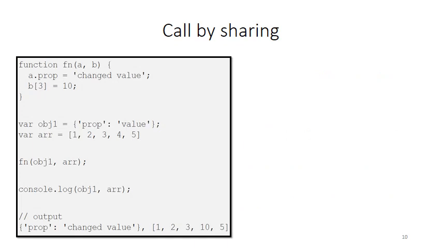In call by sharing, we will not be passing access to the caller's variable to the callee. Instead, we will be sharing object references. So the objects are shared, and if the objects are mutable, then changes made to the object, that is the mutations of its properties or changes using methods, will be reflected back in the caller.